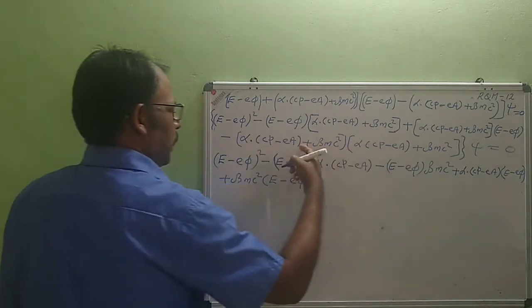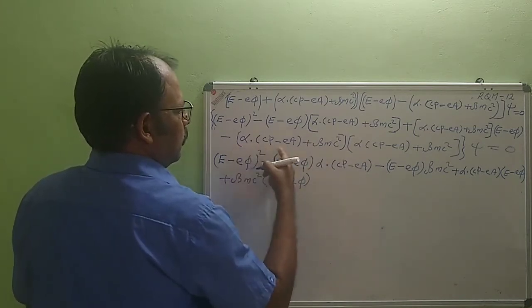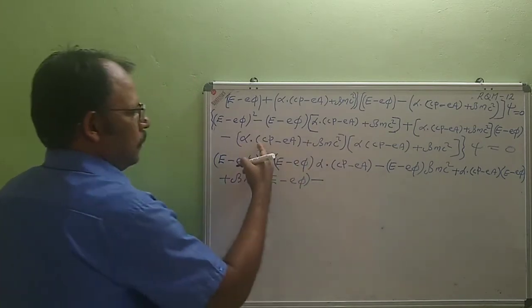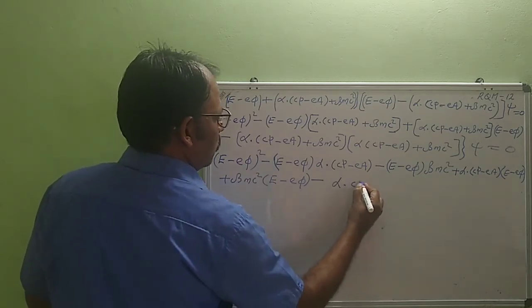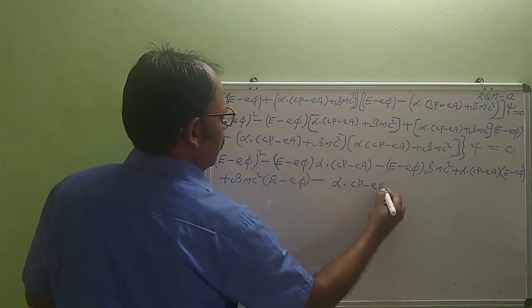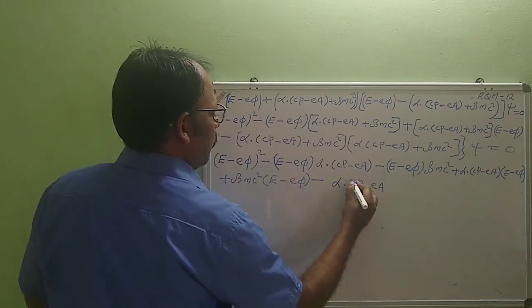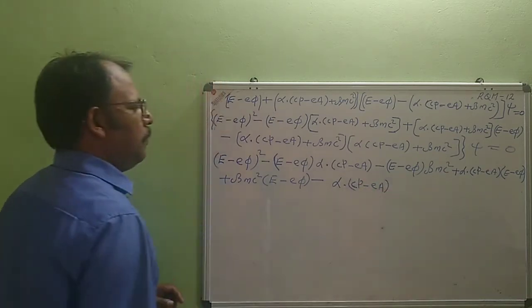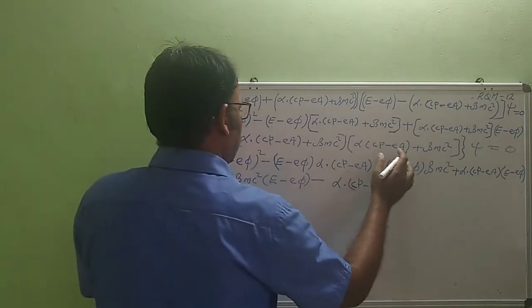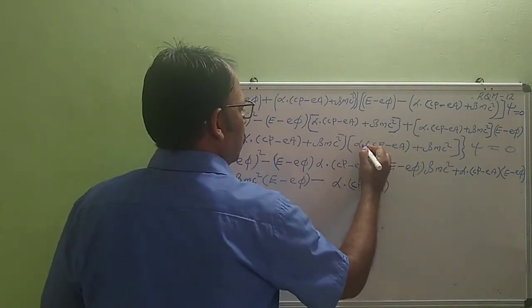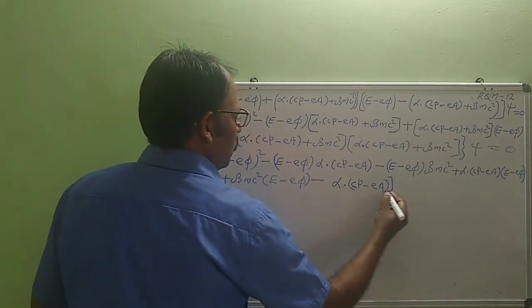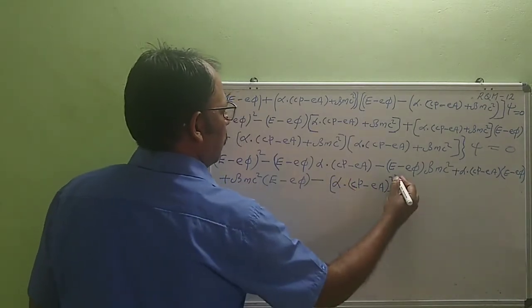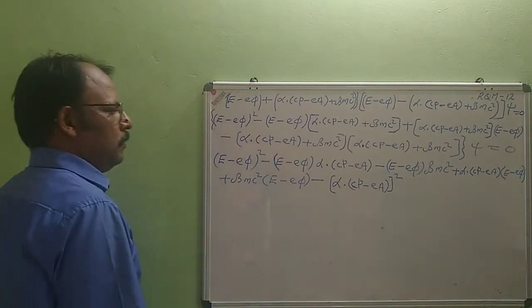Now expand this bracket. Minus alpha dot (Cp minus Ea) into alpha dot (Cp minus Ea), so it will be alpha dot (Cp minus Ea) whole square.